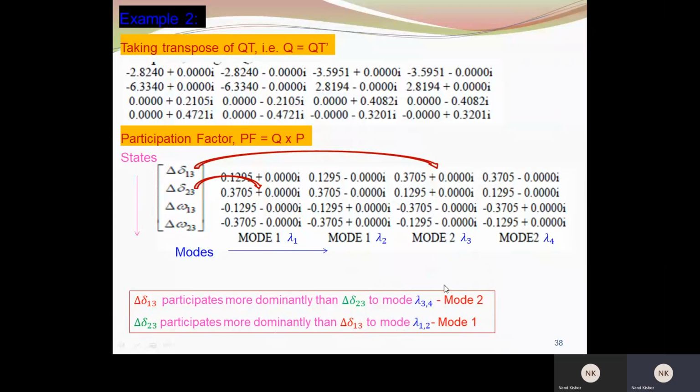However, for mode 2, we find more oscillation associated with this state variable compared to this state variable. That means for mode 1, more oscillations will be observed in the rotor angles of generators 2 and 3. However, for mode 2, more oscillations will be observed for generators 1 and 3 here.